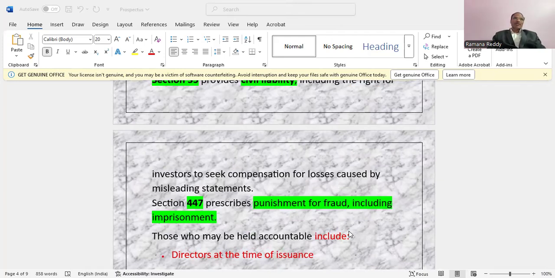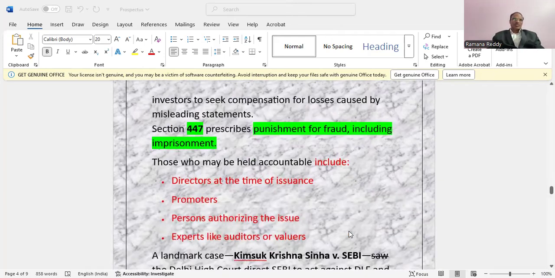And Section 447 prescribes punishment for fraud, including imprisonment. Those who may be held accountable include directors at the time of the issuance, promoters, persons authorizing the issue, and experts like auditors and valuers.